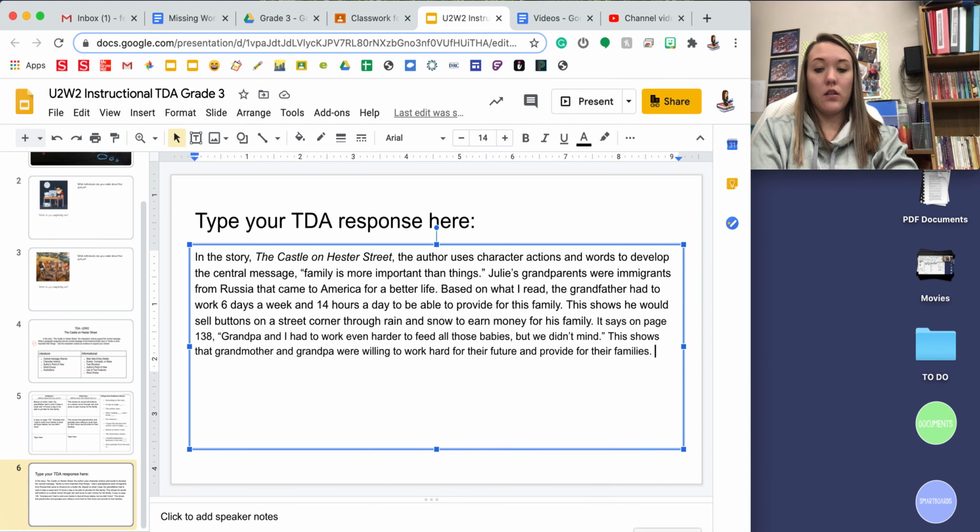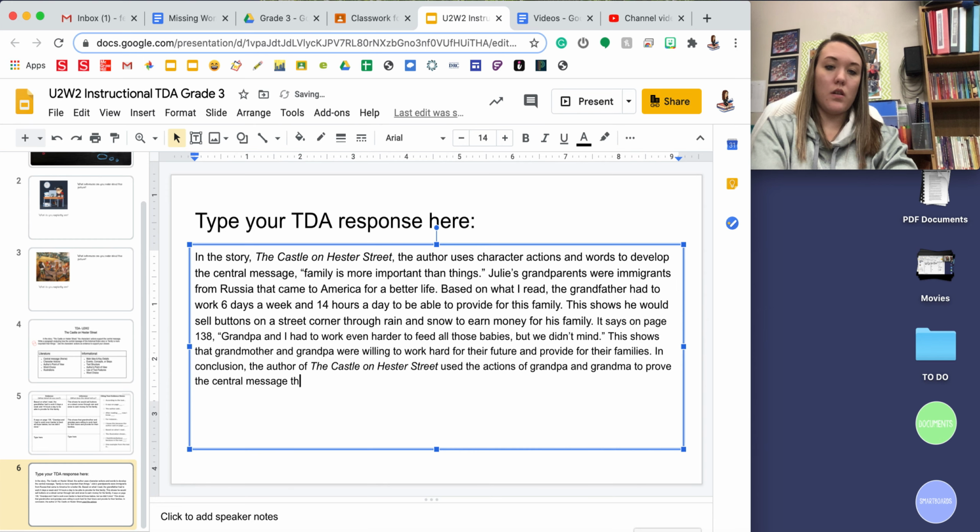I'm going to start by saying, in conclusion, the author of The Castle on Hester Street used the actions of Grandpa and Grandma to prove the central message that family is more important than things.